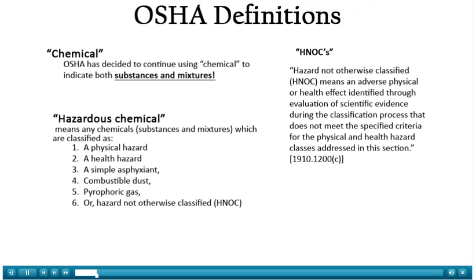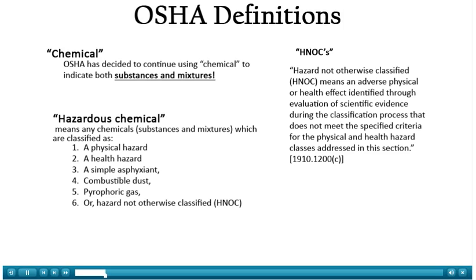OSHA definitions. Chemical. OSHA has decided to continue using chemical to indicate both substances and mixtures. Hazardous chemical means any chemicals, substances and mixtures, which are classified as a physical hazard, a health hazard, a simple asphyxiant, combustible dust, pyrophoric gas, or hazard not otherwise classified.